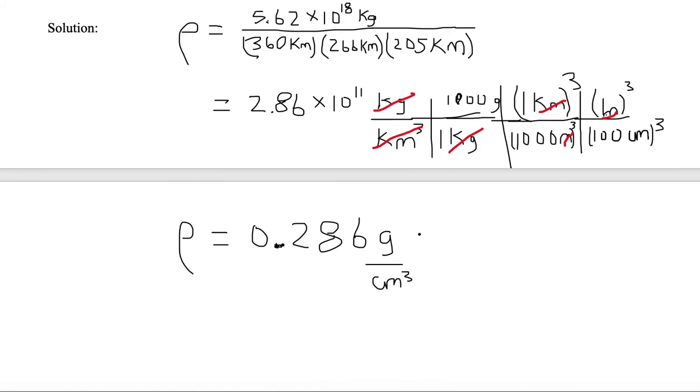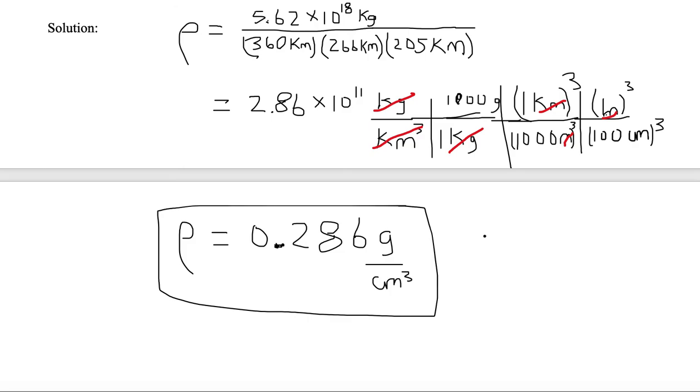So our density is 0.286 grams per centimeter cubed, which certainly is less than the density of water, which is 1 gram per centimeter cubed. Therefore, we know that Hyperion would float.